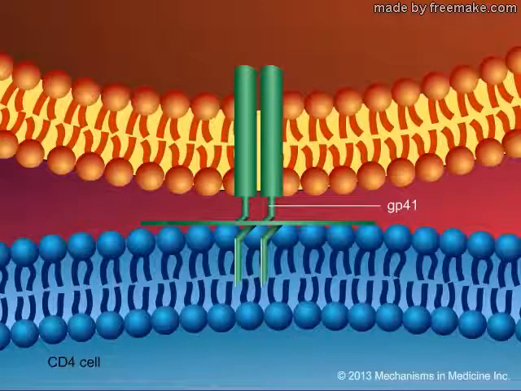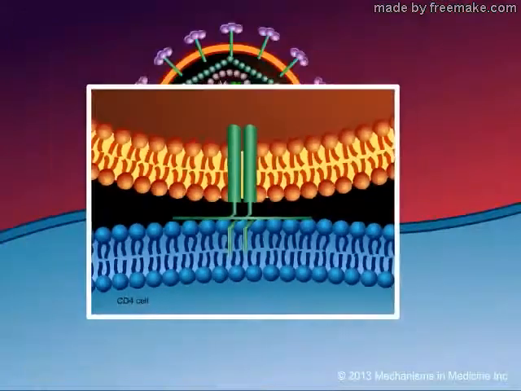It is essential to point out, therefore, that each of GP120, the CD4 receptor, the CCR5 or CXCR4 receptor, and GP41 are all essential elements in the process of viral entry into target cells.